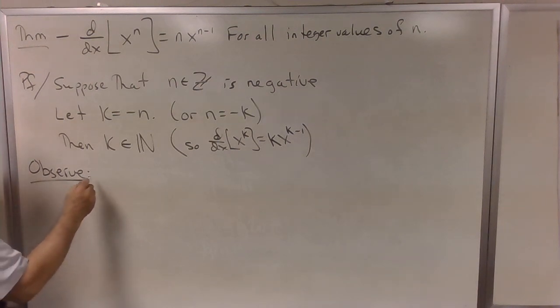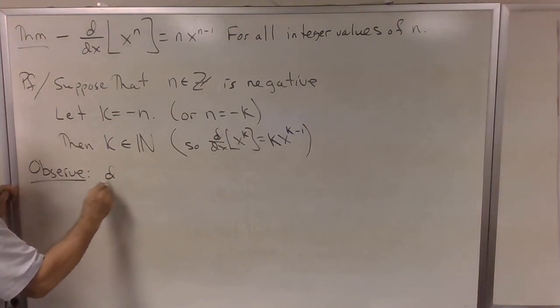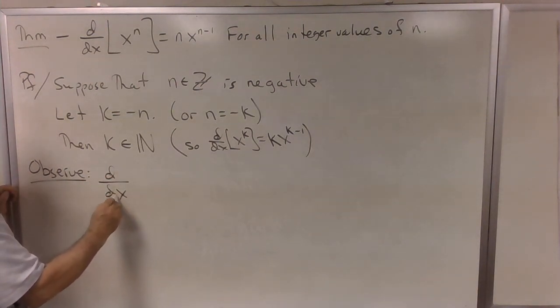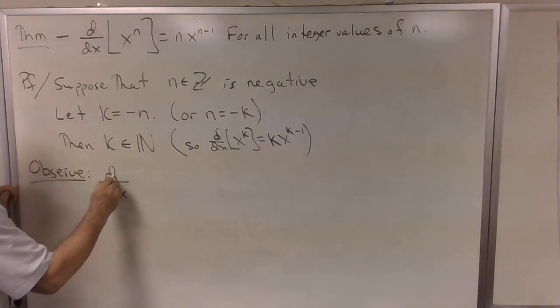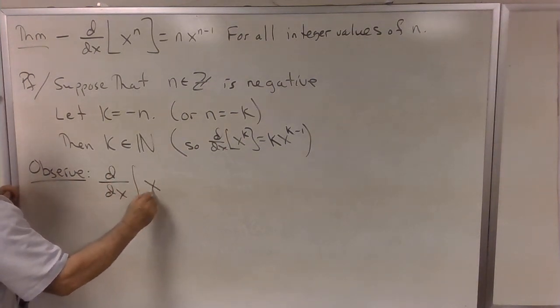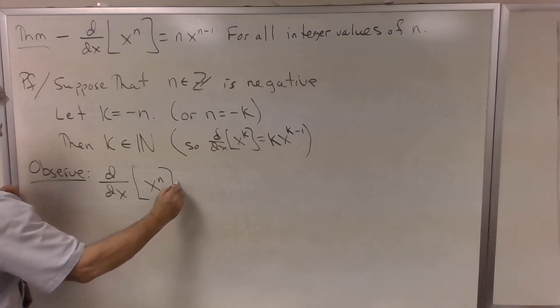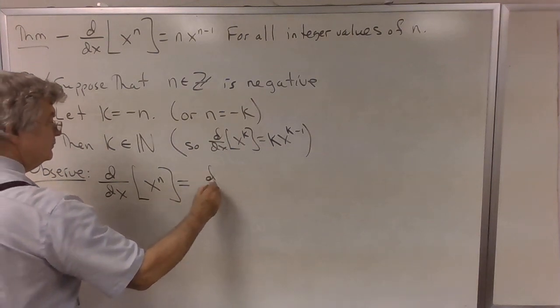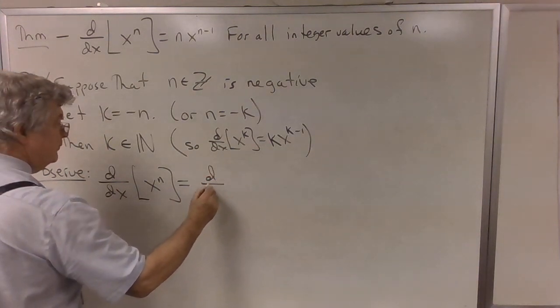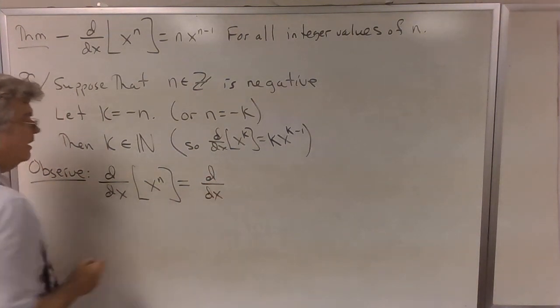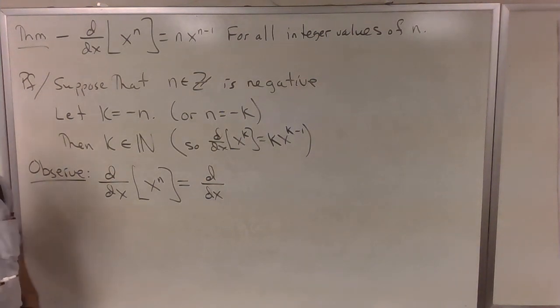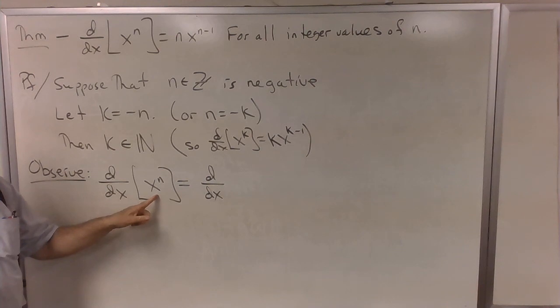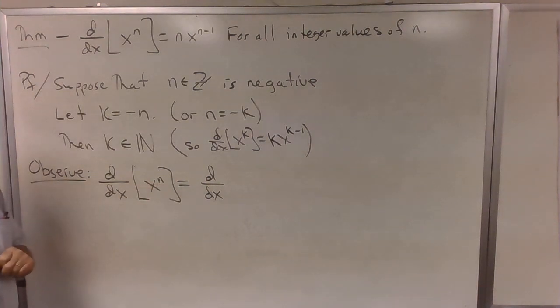Our goal is to show that the power rule also works for n, given that n is negative. So what are we going to do here? We don't know anything about the power rule and negative exponents.